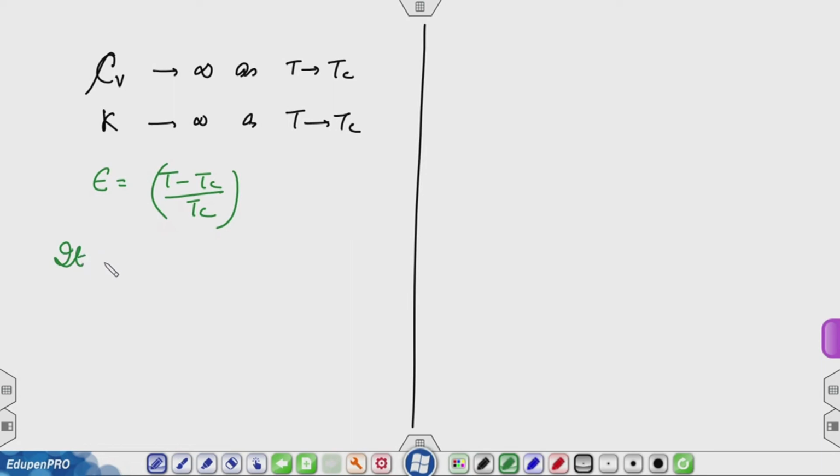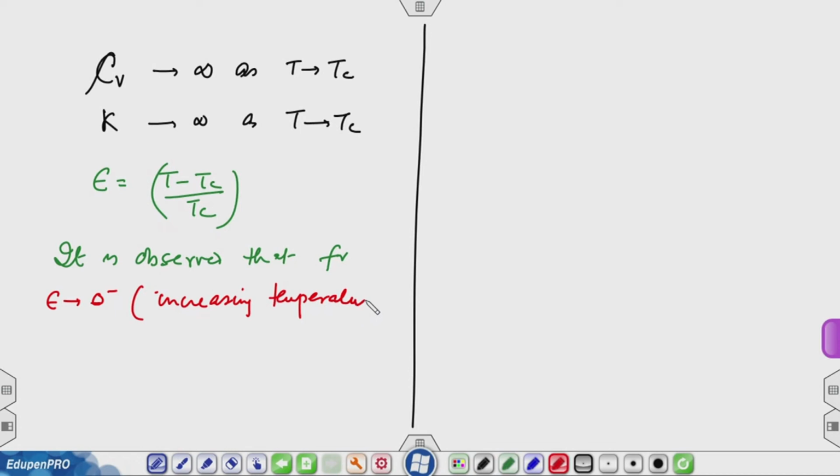So, it is observed that for epsilon tending to 0 minus, that means increasing temperature T to Tc, Cv at Vc goes as minus epsilon raised to minus alpha prime.